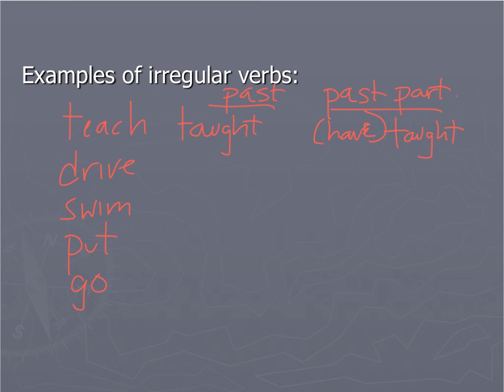Then for drive, past of drive is drove. Then we need to form the past participle, so we have, and it's going to be driven. And then the past of swim is swam. And the past participle is have, and then it's going to be have swum.